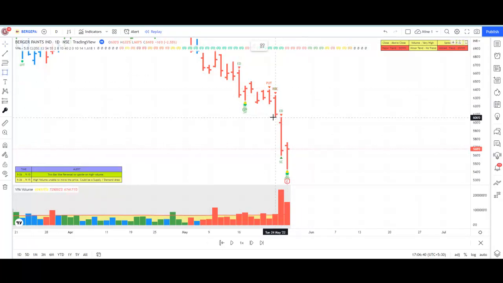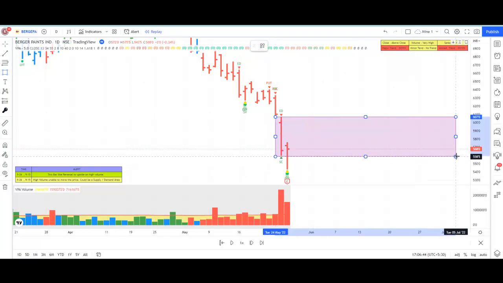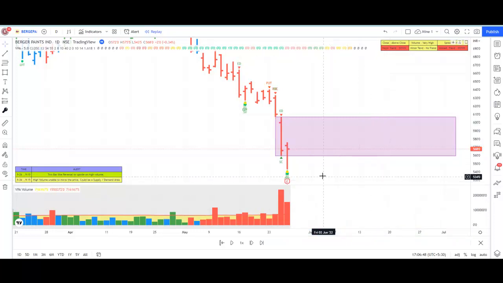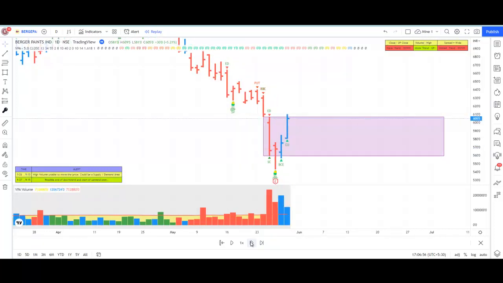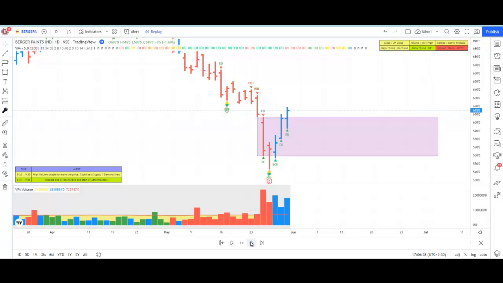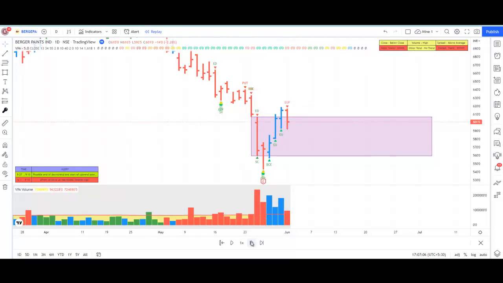Let me draw the shadow of the selling climax bar here. We'll see how the prices play out further. Now there is an attempt to move out of the shadow here with good volume, but that was quickly snubbed out.